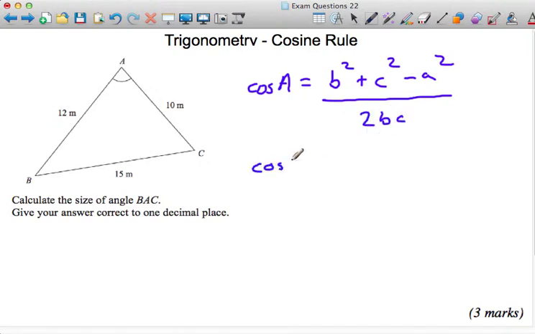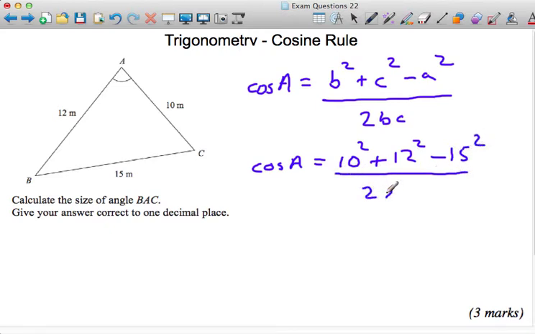So cos A will be this side squared plus this side squared minus the opposite side squared, divided by 2 times this times this. So that's 10 squared plus 12 squared minus 15 squared, divided by 2 times 10 times 12. And now I need to evaluate this on the calculator.